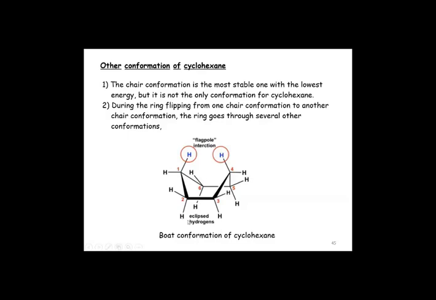Now when we observe the hydrogen atoms attached to the 6 carbon atoms of this cyclohexane, we can observe that the two hydrogen atoms at the top end of this V-like structure tend to come very close to each other.